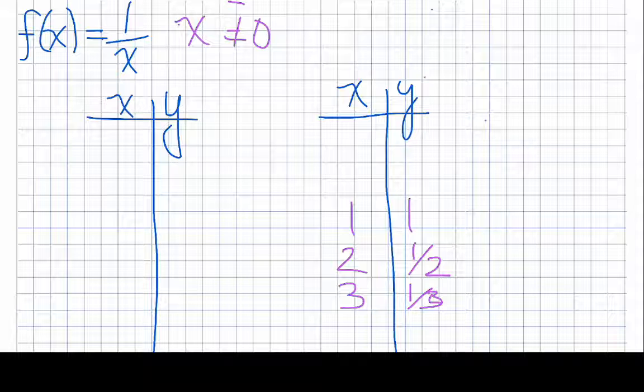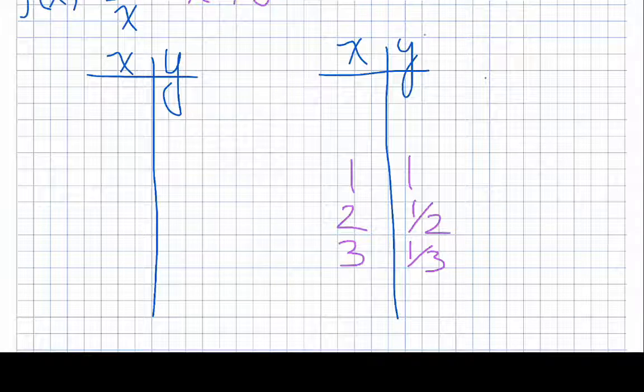And of course, if x was 4, then y would equal a quarter. So as we can see, as the value of x gets bigger, y is getting smaller and smaller. However, are we ever going to get so small that we hit 0?